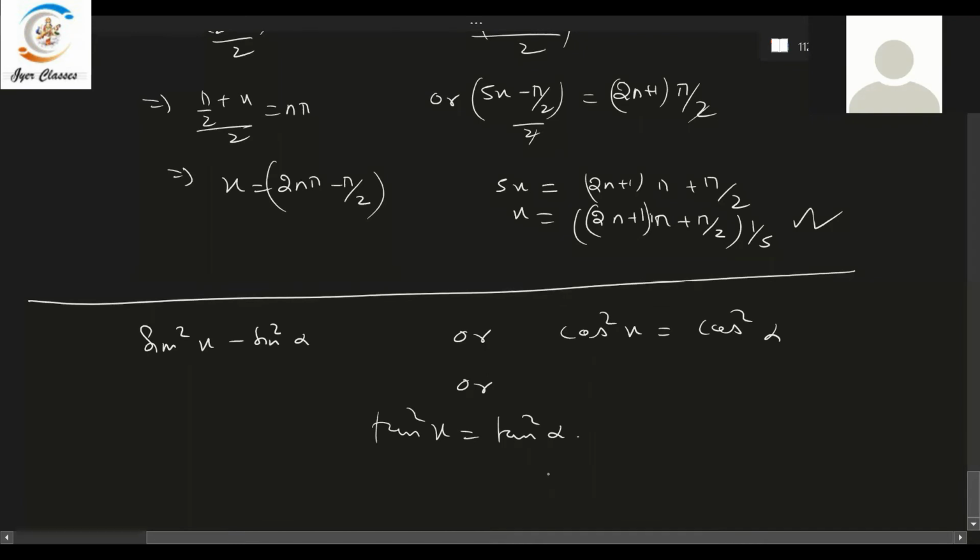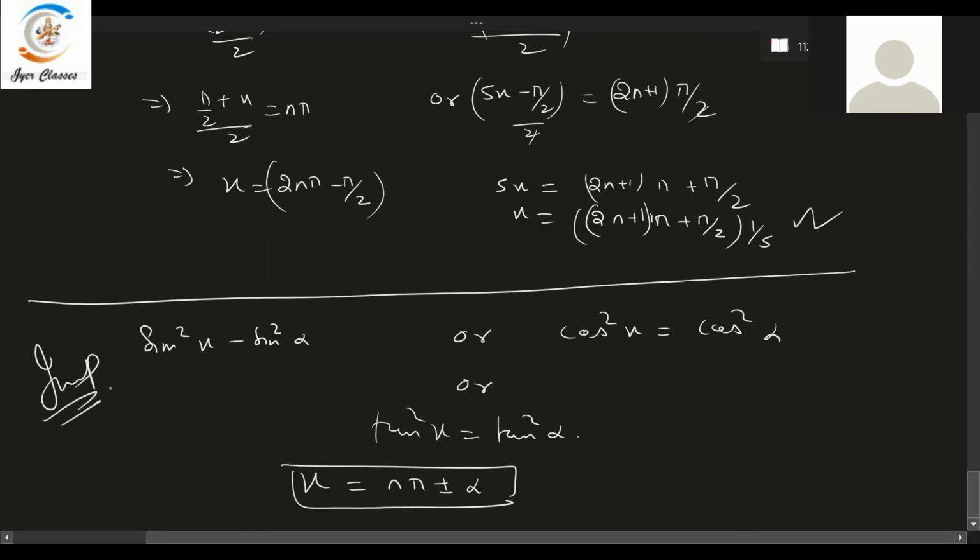Then in that case, you have got only one solution and that is x is equal to n pi plus or minus alpha. This is the formula. ठीक है? Got this? Write it fast.